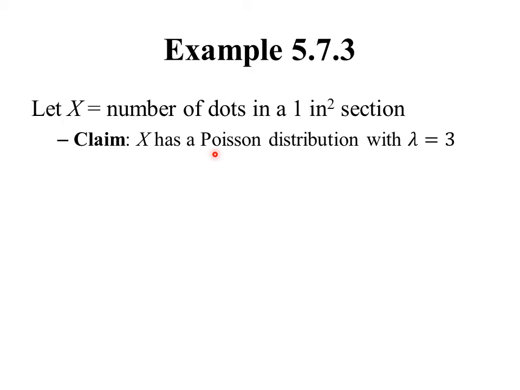So it's reasonable to assume that x has a Poisson distribution. Now the parameter lambda was the average number of occurrences per interval. In this case we have a total of 300 dots and a total of 100 square inches, and so lambda is 300 divided by 100, which is 3. So this seems reasonable. So we're going to use this goodness of fit test to test this claim.